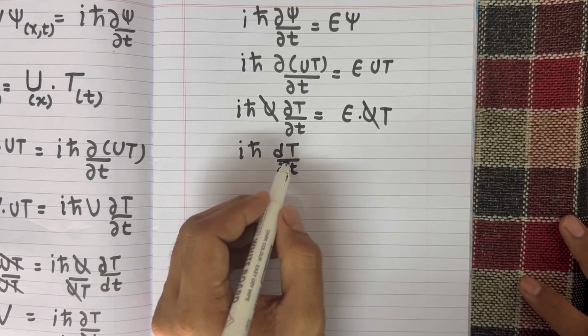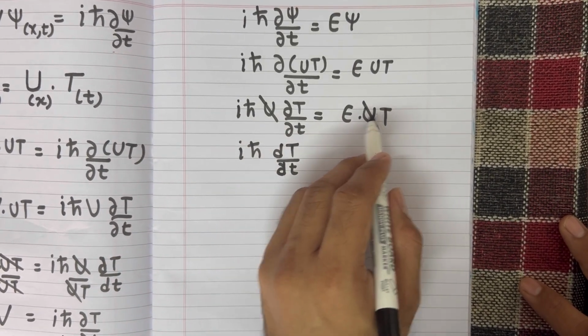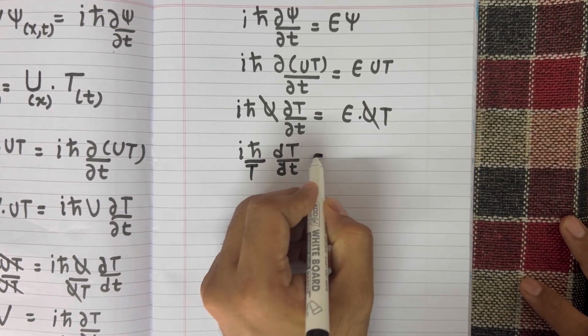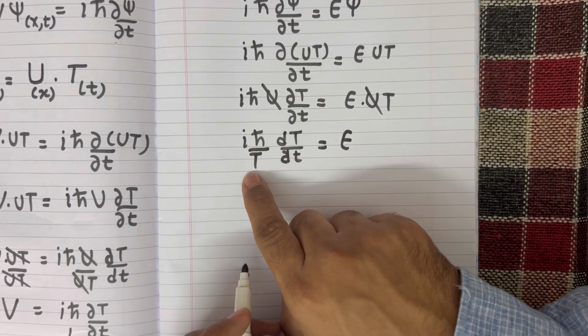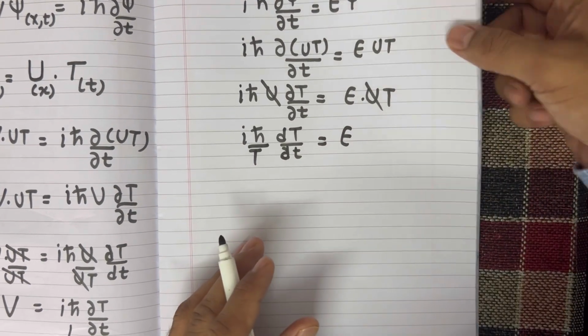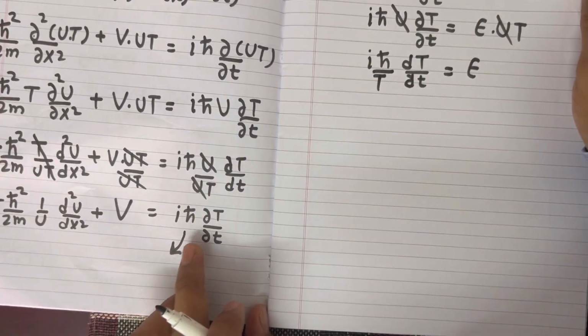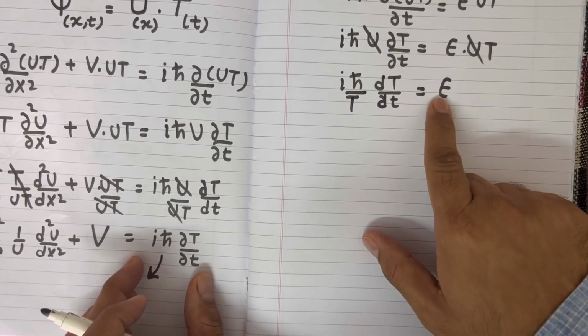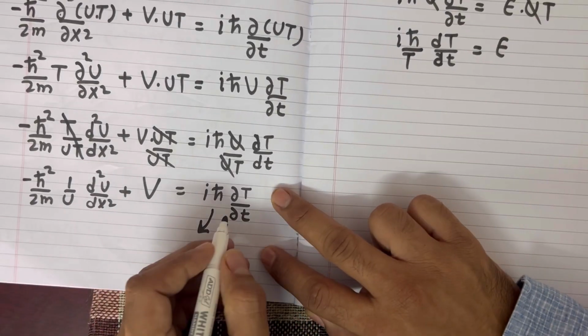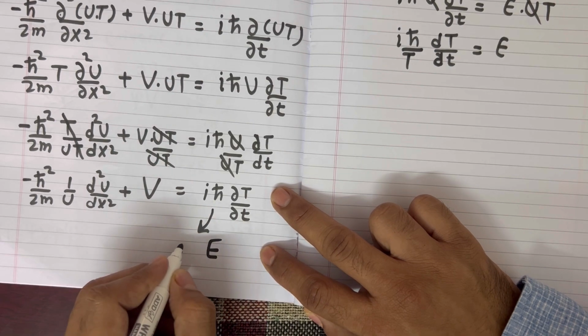And this capital T I shifted here. So I can say the energy of the particle is i h cross by T dT by dt. If you see this term, it's matching with this term. So in the place of this term we can write down E basically.